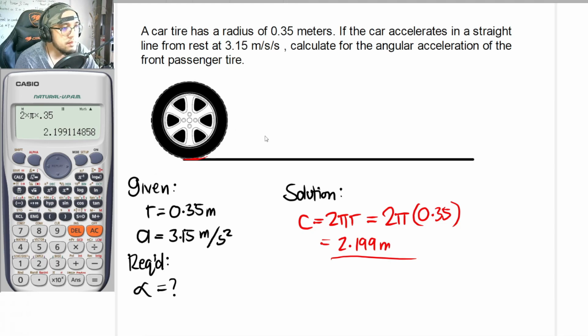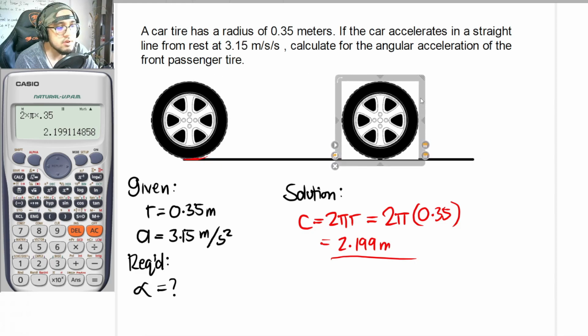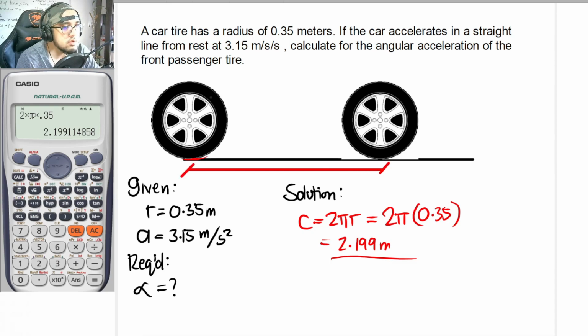From this point, it would now reach this point for one full rotation. And this distance here is equal to 2.199 meters per revolution, or per rotation.